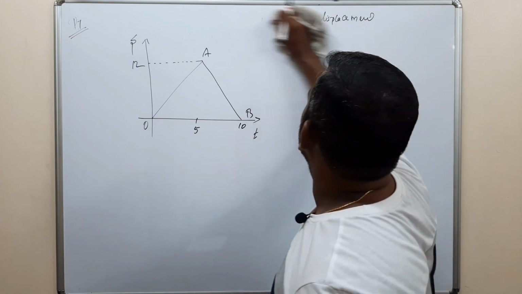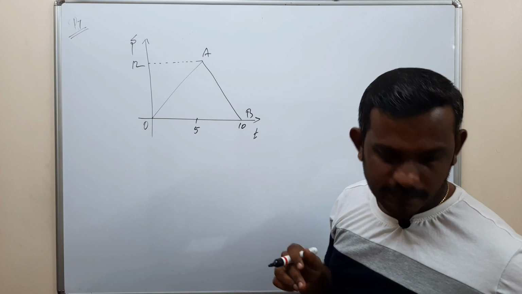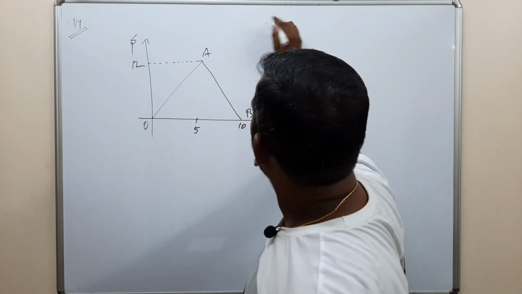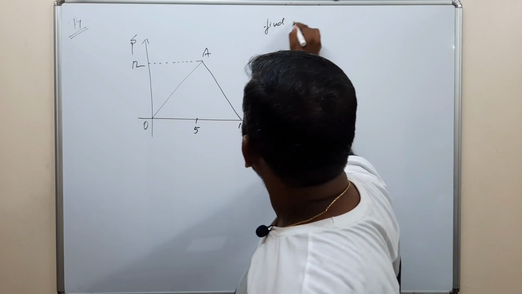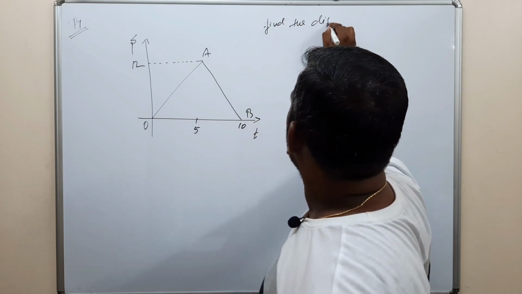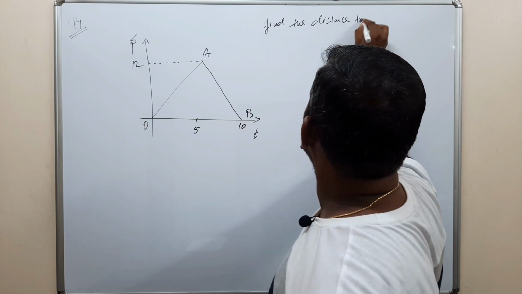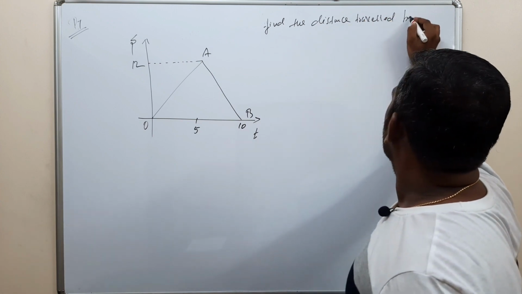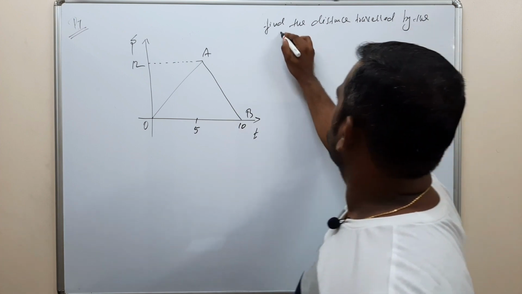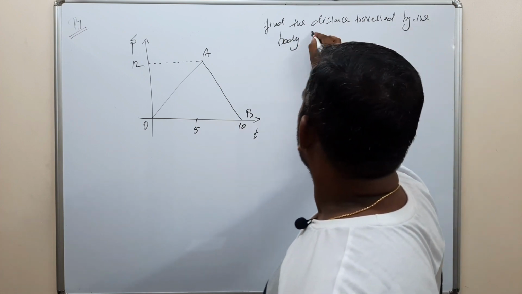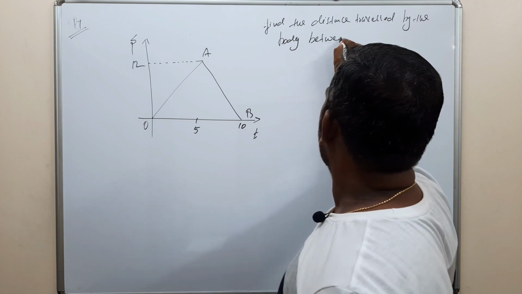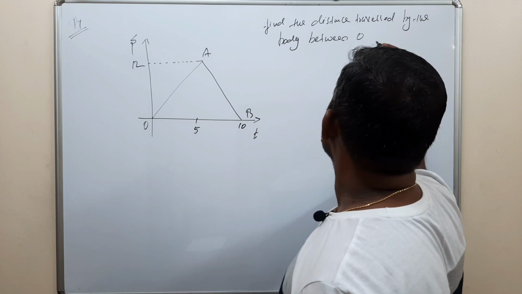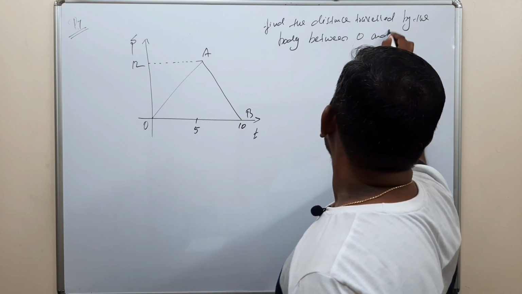Find the distance traveled by the body between 0 and 10 seconds.